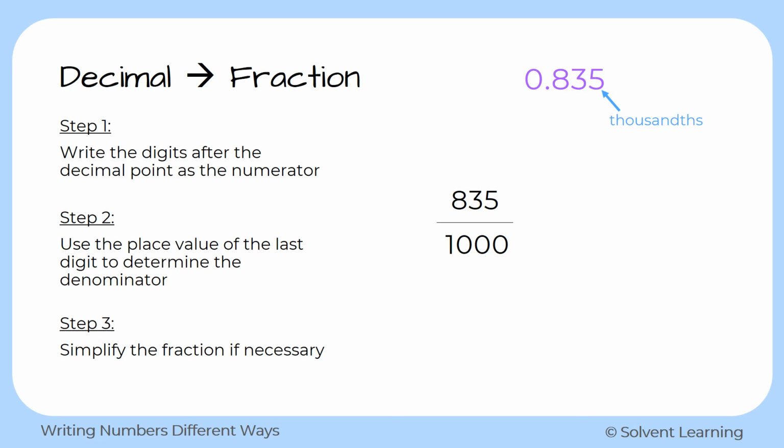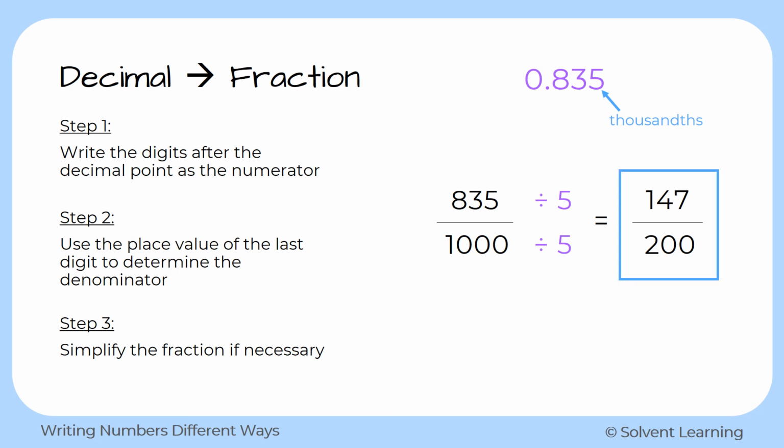They do. They can both be divided by 5. So if we divide both of those numbers by 5, we will get 167 for the numerator and 200 for the denominator. We can't simplify those numbers anymore, so our final simplified fraction is 167 over 200.